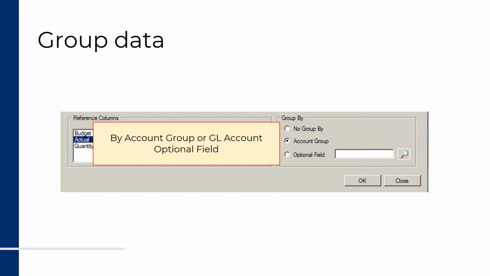Some of you would like to track your budgets by project, and you actually have an optional field defined in your GL module. And that optional field is on the GL account level, and it represents basically a project. So if you wanted to sort your budget sheet by that optional field or project, we are able to do that as well, so that when your recipient receives the template, the sorting is done by the project instead of the GL account.